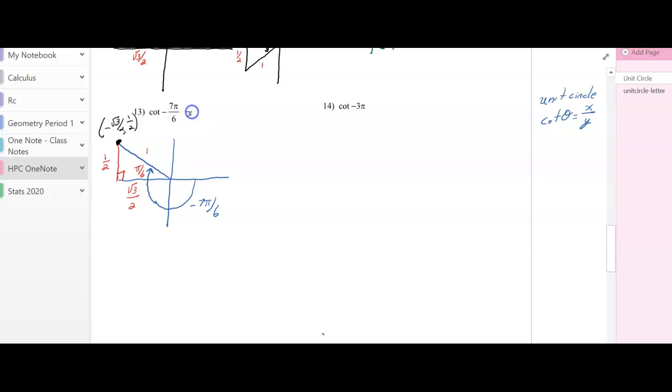The cotangent is defined to be the x-coordinate over the y-coordinate. So the x-coordinate is negative root 3 over 2 divided by 1/2. So we get negative root 3. Before we take a look at number 14, let's do an extra problem here. Cotangent of 5 pi over 4. So 5 pi over 4 would bring you into quadrant 3.